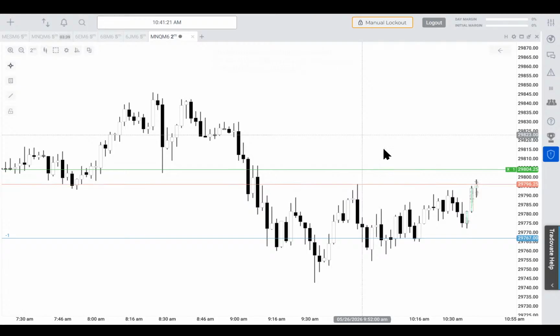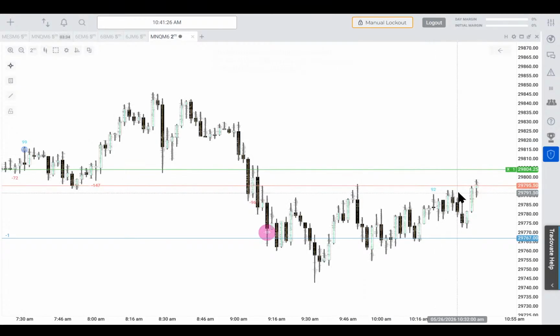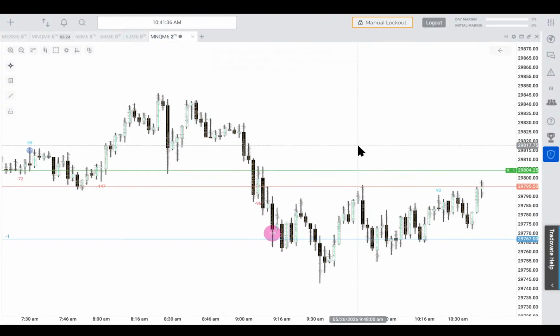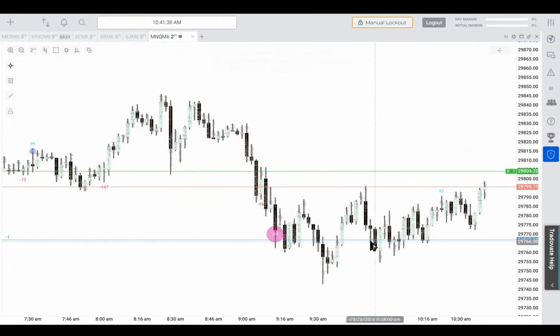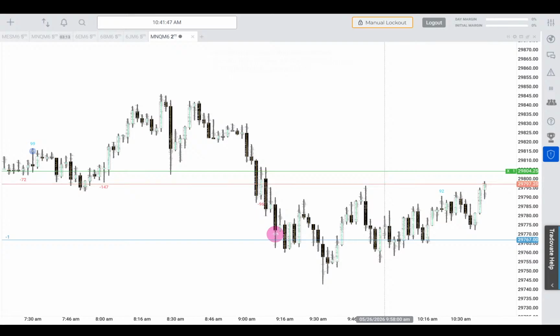Even on the 2 minute, for now, it formed a slight gap there. We set up this thing in the background. We have to wait for the formation on the 2 minute.